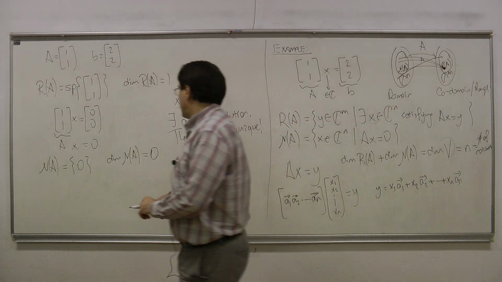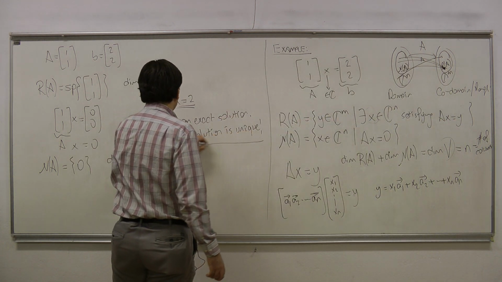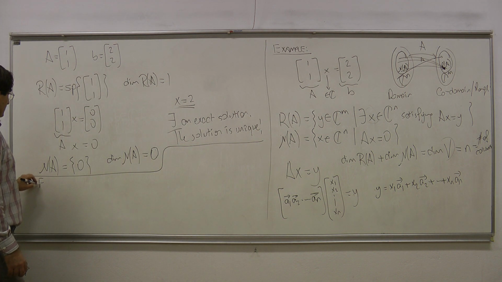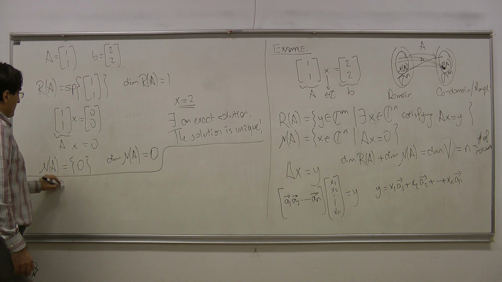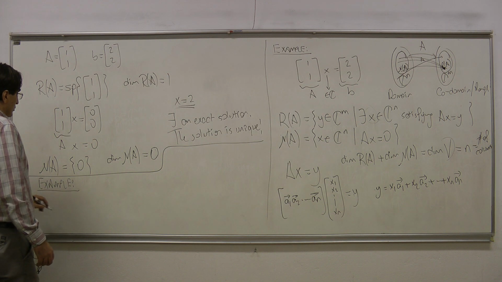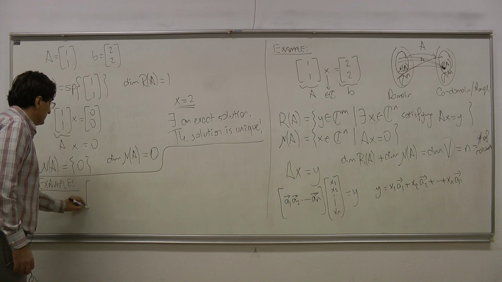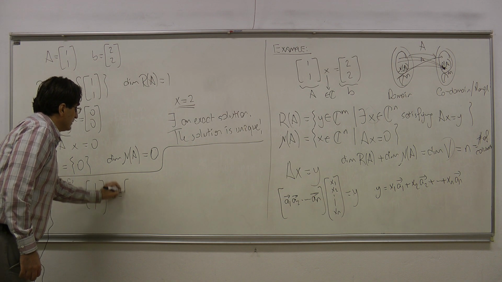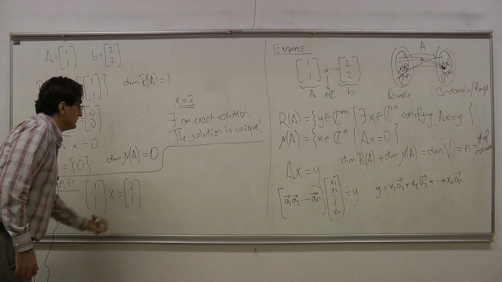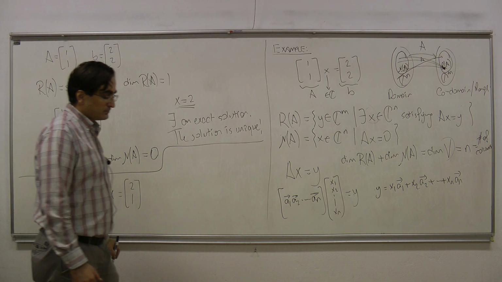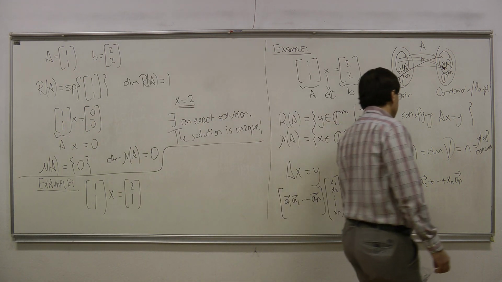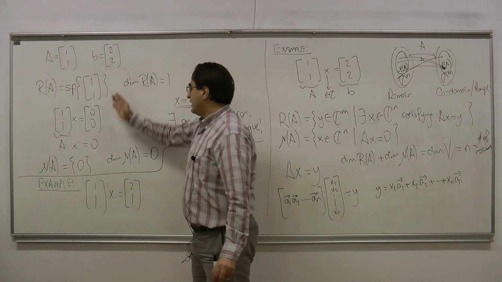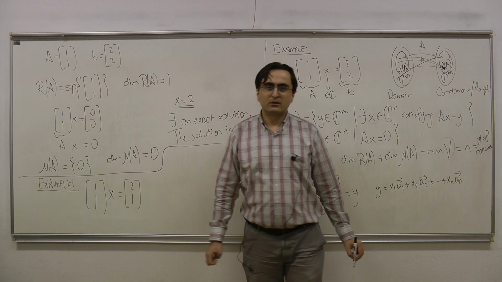Now I will change the example to a little bit more problematic one. The A matrix is going to remain the same, and I have b equal to 2, 1. So now we have the same range space and the same null space.